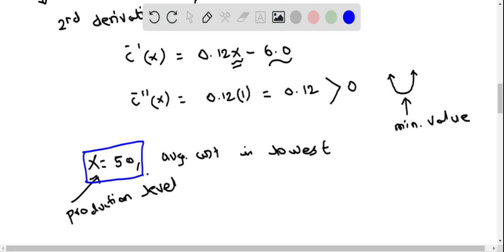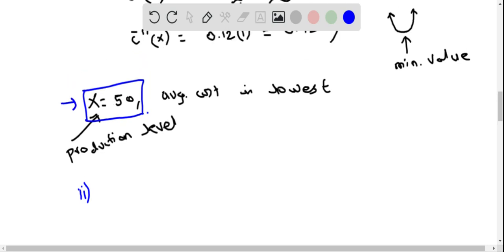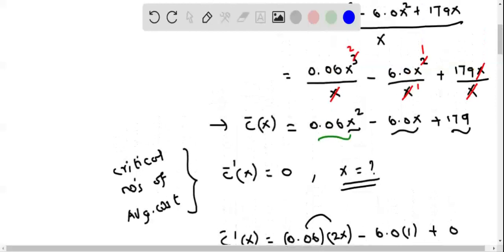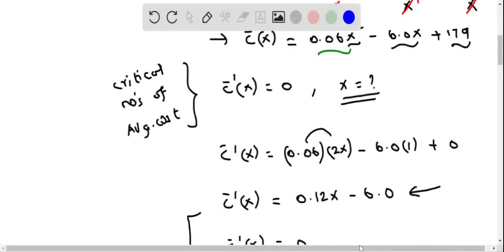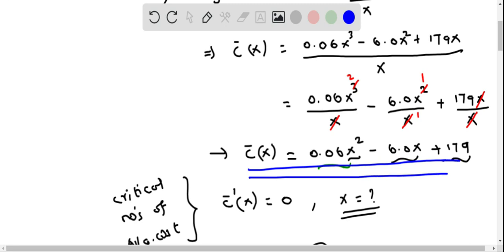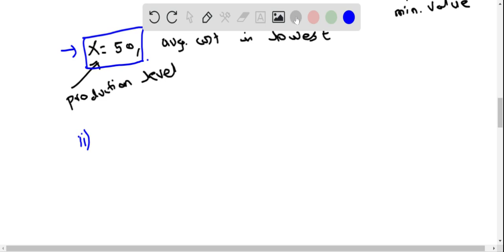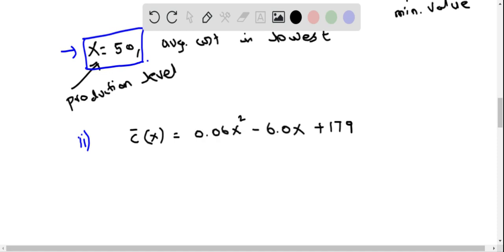Now let's answer the second question. That is, we should determine the minimum average cost. We can find this by plugging the production level x equal to 50 into our average cost function. So here we have the average cost function, c bar of x, and I have copied it.